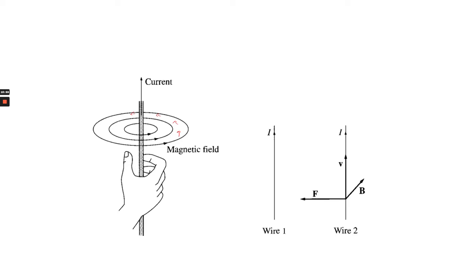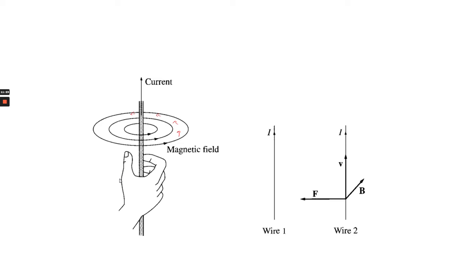In fact, if you grab the wire with your right hand and the thumb is in the direction of the current, your fingers will curl around in the direction of the field. Okay, so how can such a field lead to a force of attraction or repulsion?